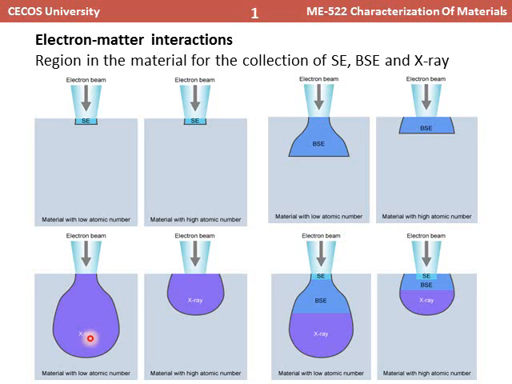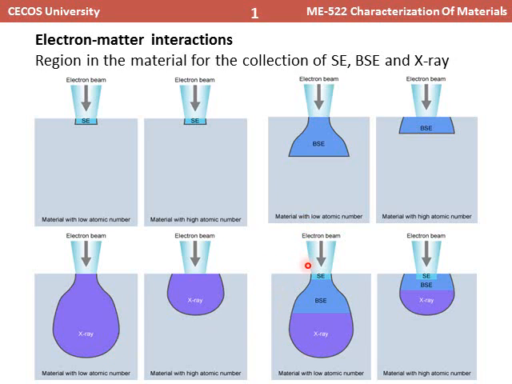So if the specimen is comprised of low atomic number, the depth of penetration will be more. If the sample is comprised of high atomic number, then this depth of penetration will be much smaller comparatively to specimens comprised of low atomic number.